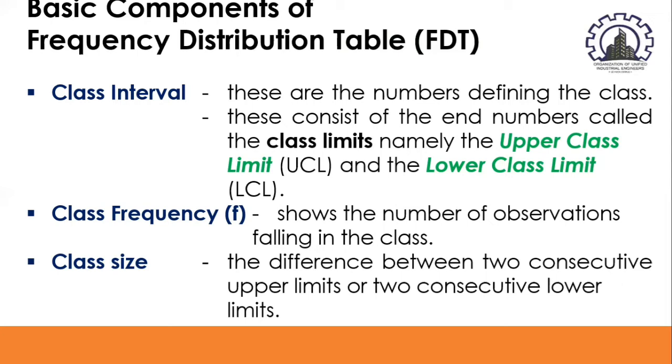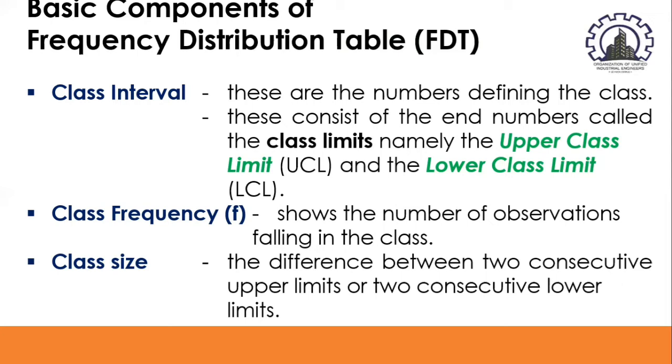And aside from class frequency and interval, we also have class size. If we say class size, this is the difference between 2 consecutive upper limits or 2 consecutive lower limits. So that refers to our class size. Don't you worry, because I will be showing that later on in order for us to better understand and identify what a class size is.